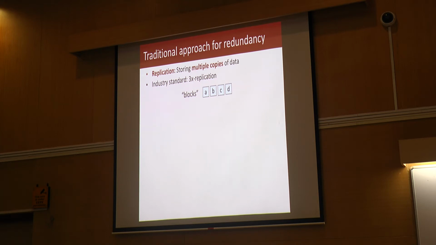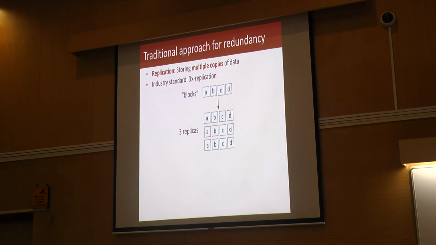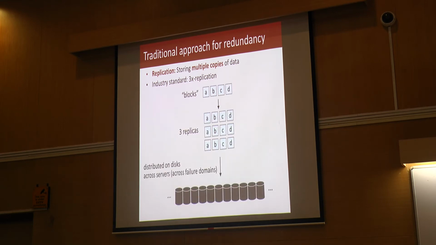We have 4 data blocks here, A, B, C, and D. Under 3x replication, 3 copies of each of these blocks are created, and then they are distributed across different disks or placed on different servers. Here I'm showing servers, and sometimes in some enterprises, they can even address particular disks.